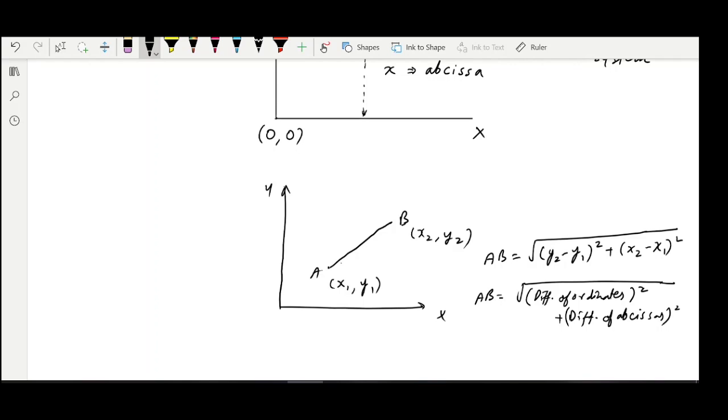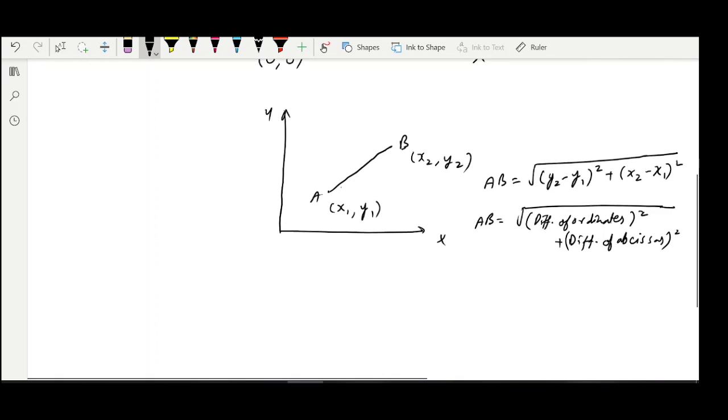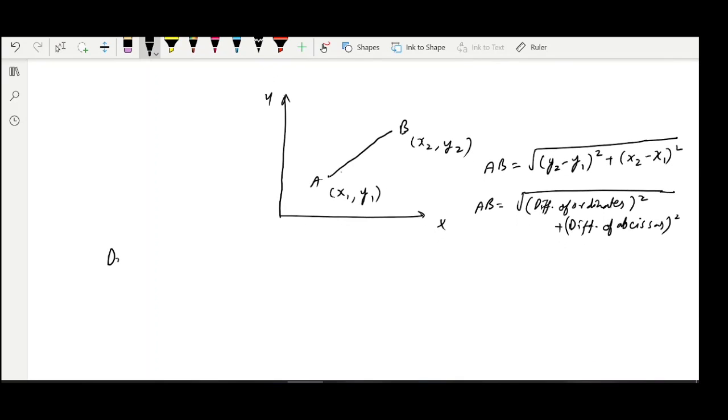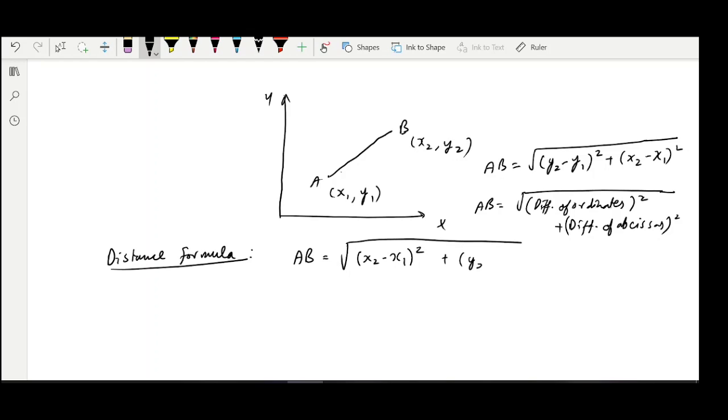After the distance formula, we'll move on to the section formula. Let me rewrite it. The distance formula is: AB, the distance between the points A and B, is the square root of (x2 minus x1) squared plus (y2 minus y1) squared. Now we move on to the section formula.